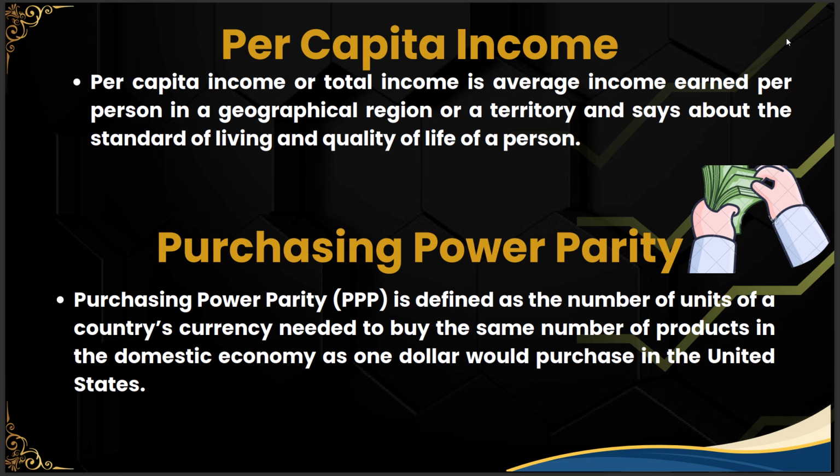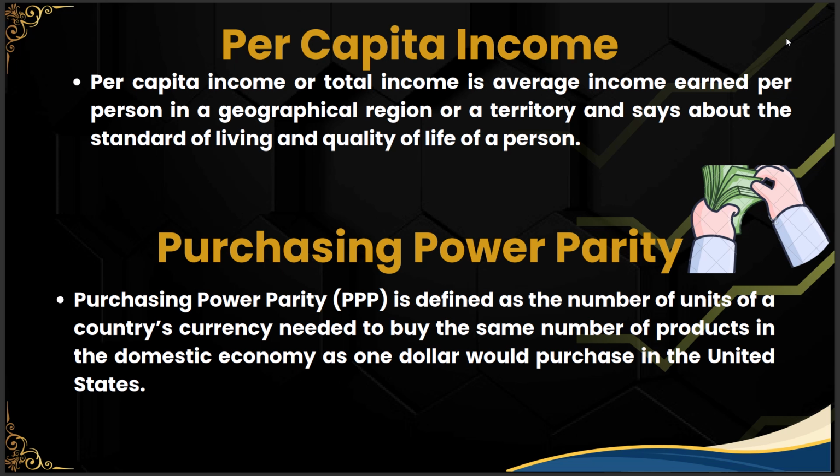Next one is purchasing power parity. It is defined as the number of units of currency needed to buy the same number of products in the domestic economy. Let's take, you have $100 with you. What are all the products you can buy using $100? The same thing, when you convert it into Indian rupee or Pakistani rupee or Nepalese or whatever currency, what are all the products you can buy?